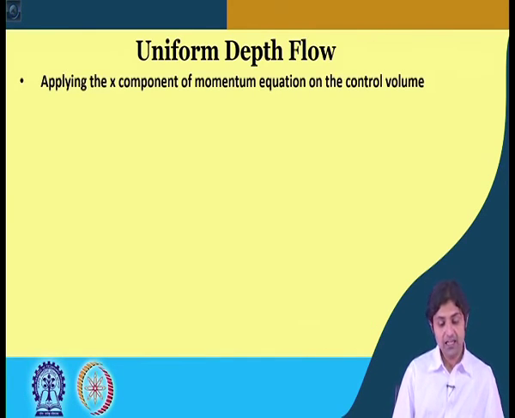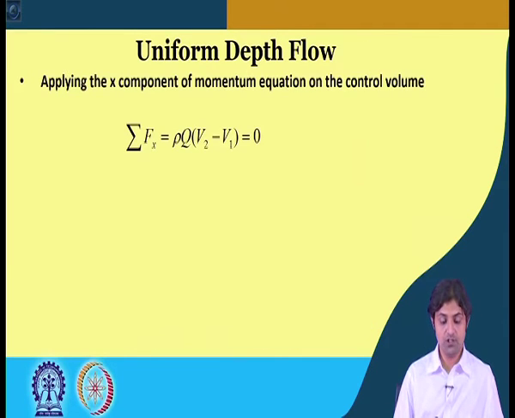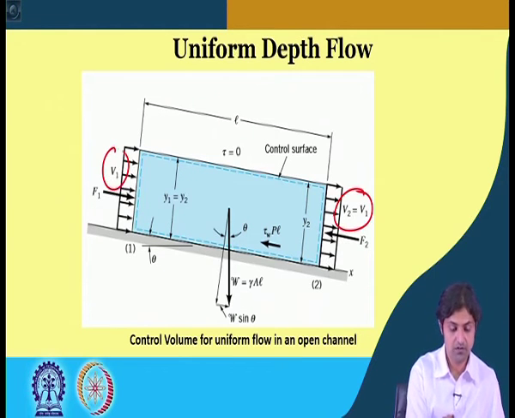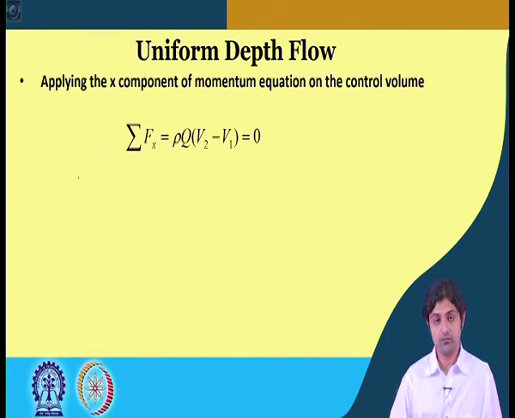So, if we apply the x component of momentum equation on this control volume, okay. So, what we are going to see is sigma Fx, the net force, is going to be rho Q (V2 minus V1), all right, mass flux times V2 minus V1. V2 is the velocity here and V1 is here, all right, and that is going to be 0, correct, because V1 is equal to V2 in uniform flow, all right, because we have taken the same y1 is equal to y2.